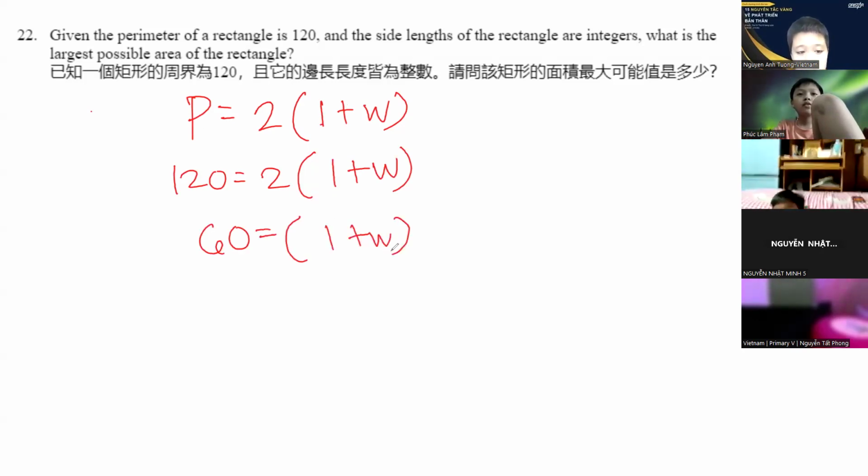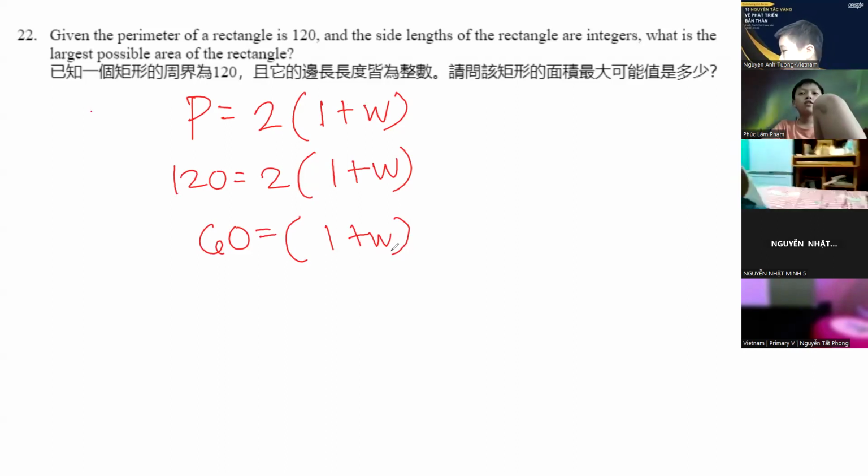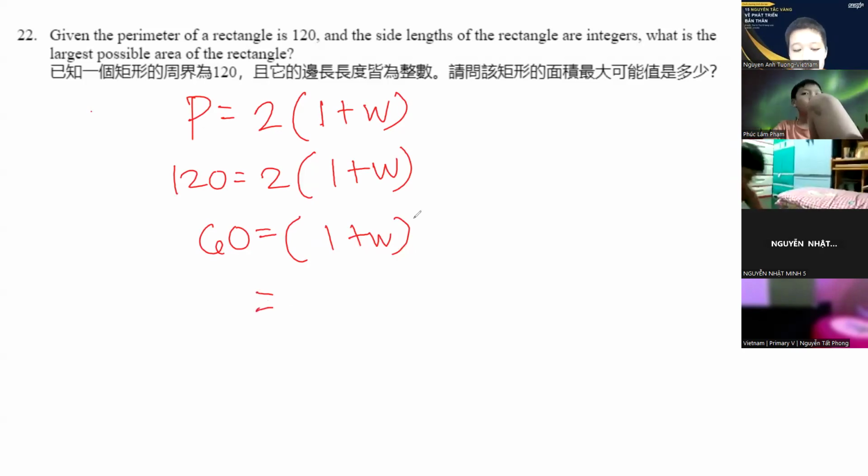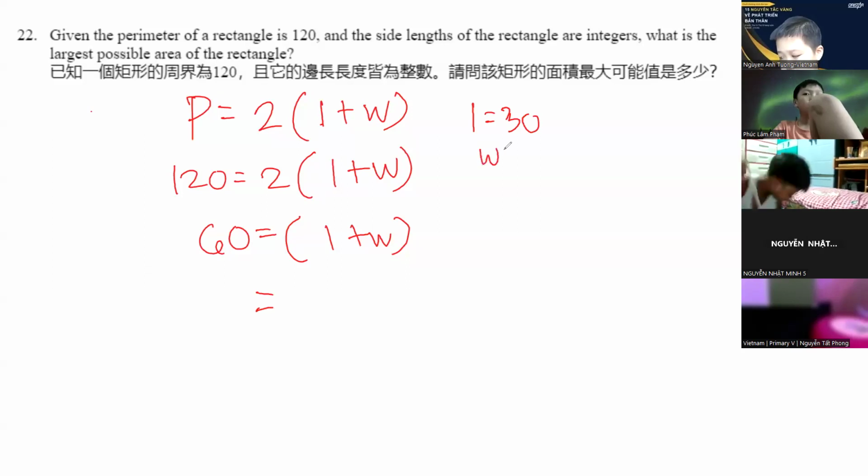Same as the problem a while ago, to get the maximum area, or the maximum product, the numbers must be as close to each other as possible. So we can use L equal to 30 and W equal to 30.